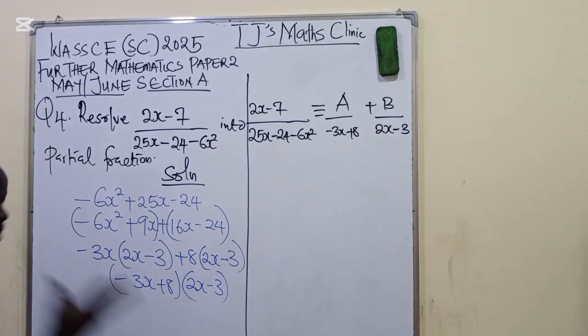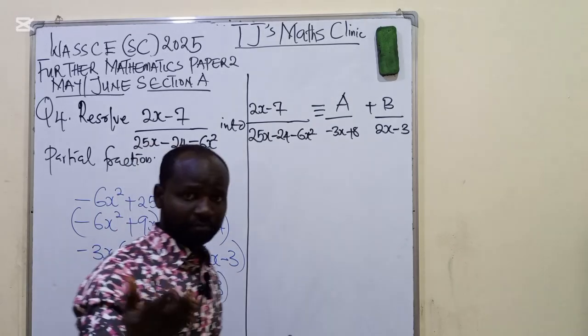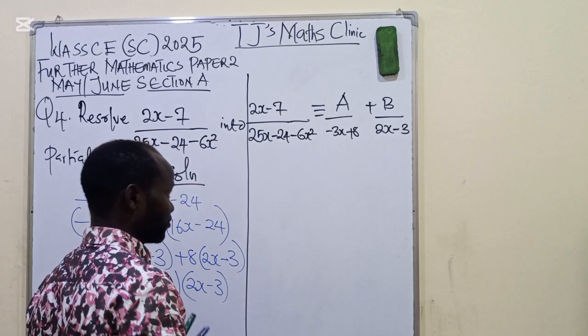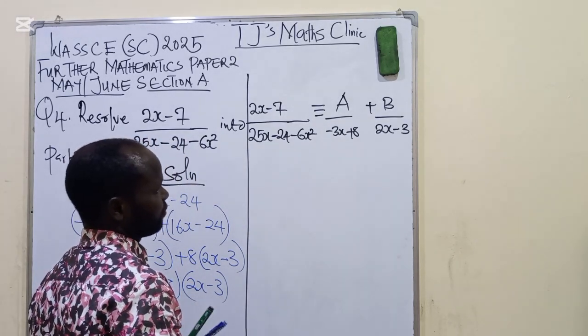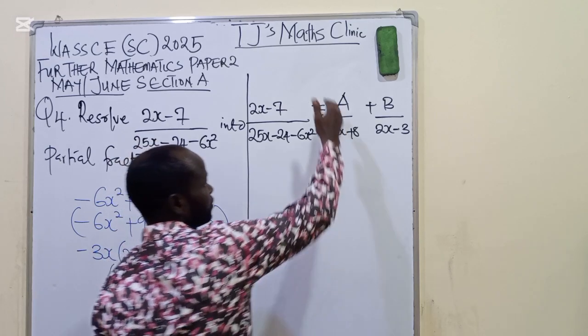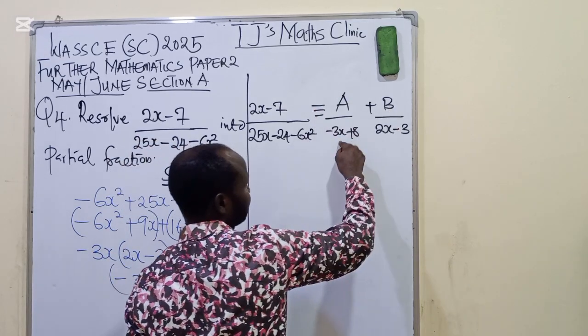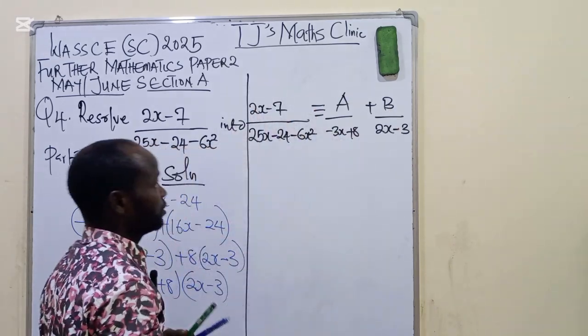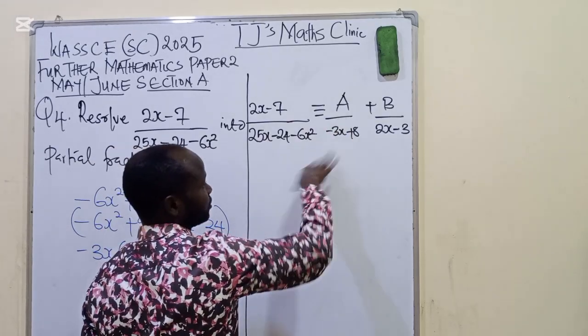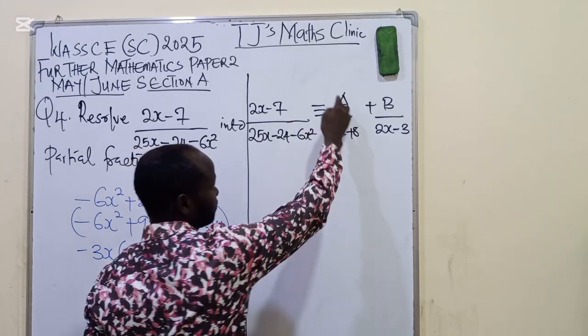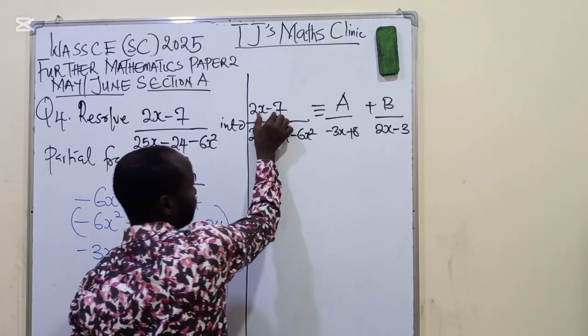Very important. There are two ways: we can either use the cover-up method or compare the coefficients. So let me use the cover-up method. Very easy. We cover this, then we multiply this, then we equate it to the numerator. Or we can find the LCM and multiply through. But let's use the cover-up method. Whichever we use, we pick only the numerator.